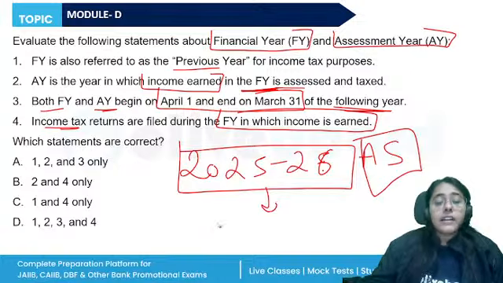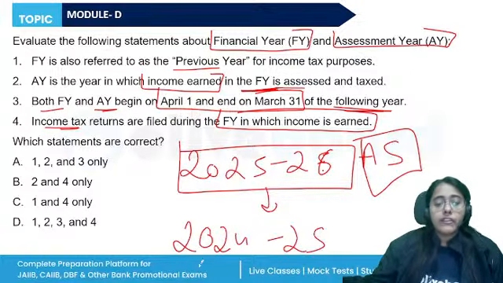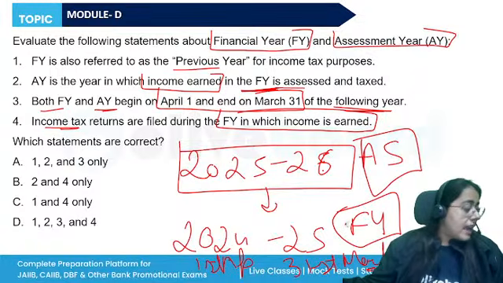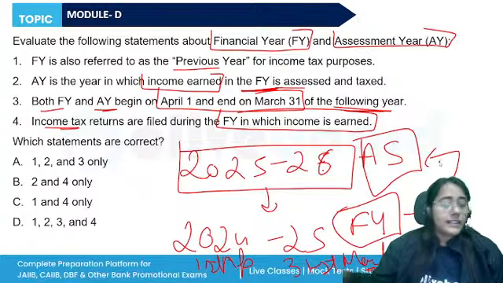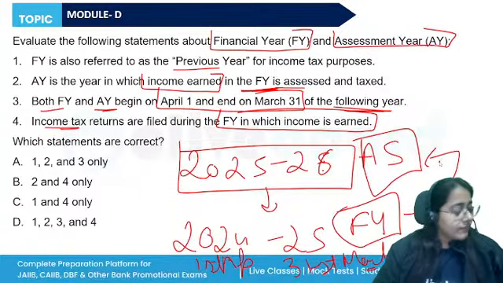The year in which I earn my income, 2024-25, from 1st April 2024 to 31st March 2025, is the financial year. I need to pay taxes on that income in the assessment year, right?